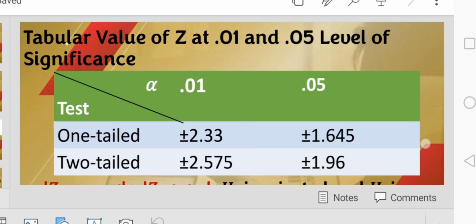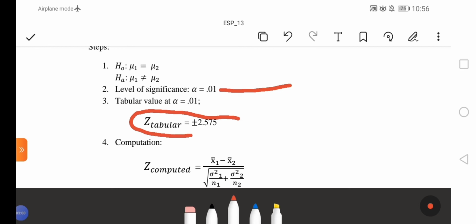And the value for the two-tailed test at the 0.01 level, we have the z tabular is equal to positive or negative 2.575. Again, z tabular is equal to positive or negative 2.575.